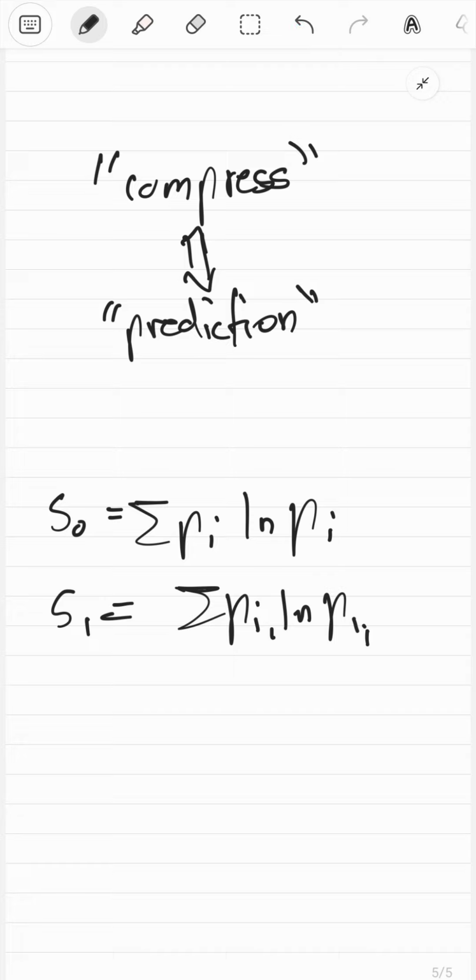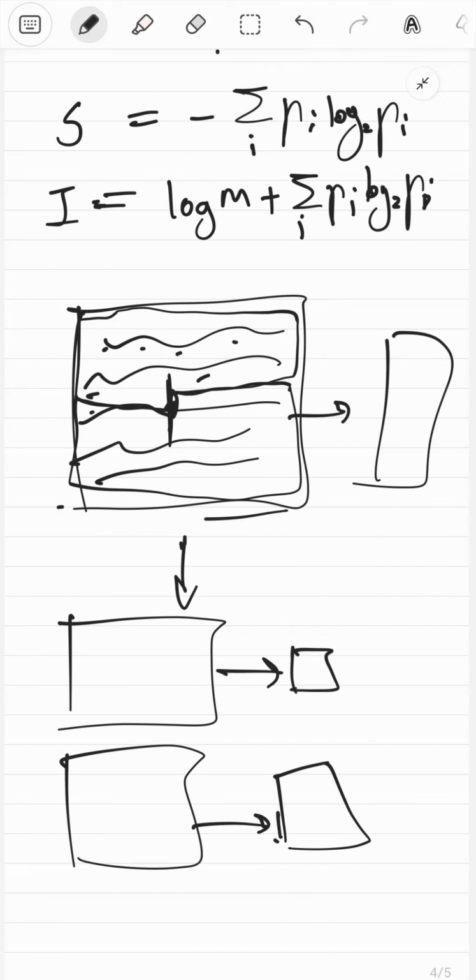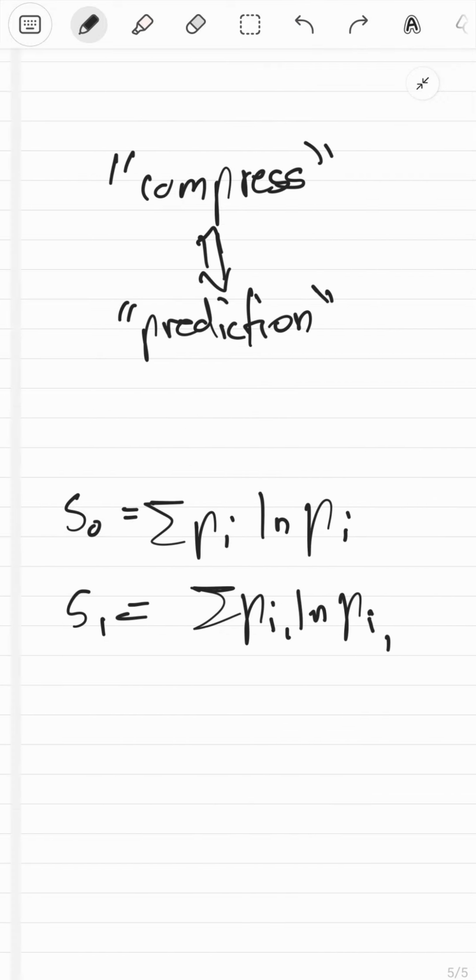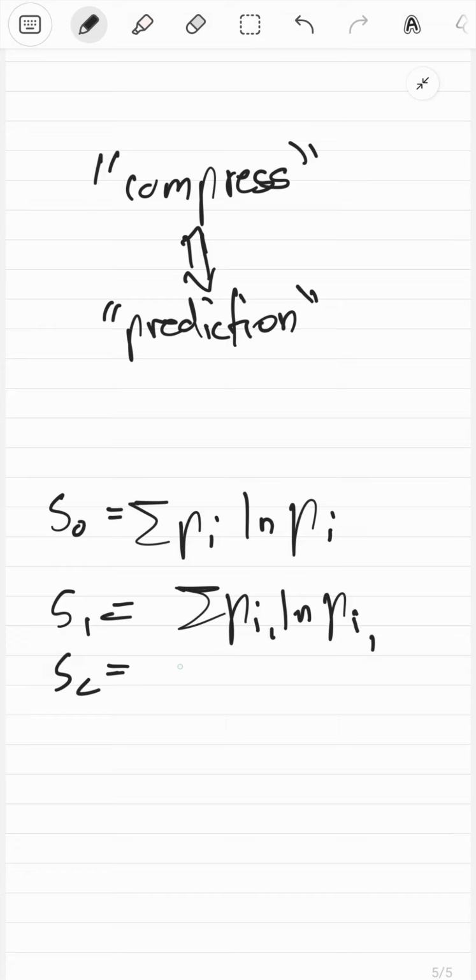Once again, these are the probabilities in this text file only, and the entropy of the second text file is summation of pi2 natural log of pi2, right? So yeah, it's negative of that, negative of that, negative of that. I shouldn't say natural log, but I've got used to this, so I'm just gonna say log.